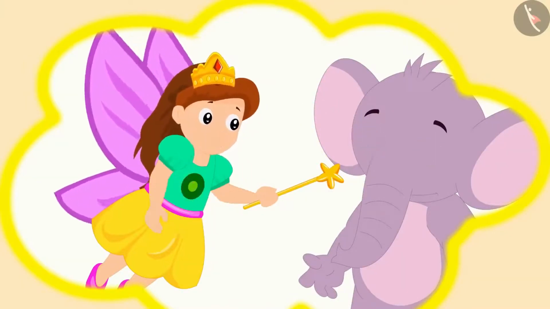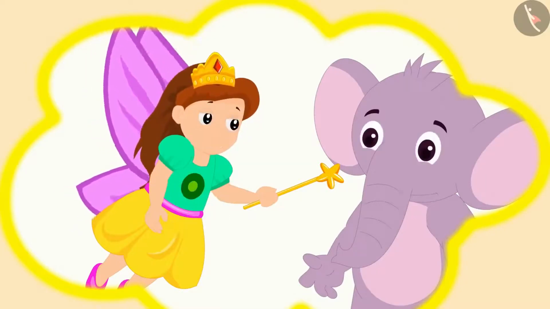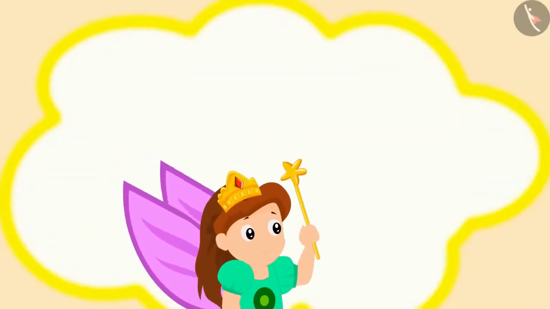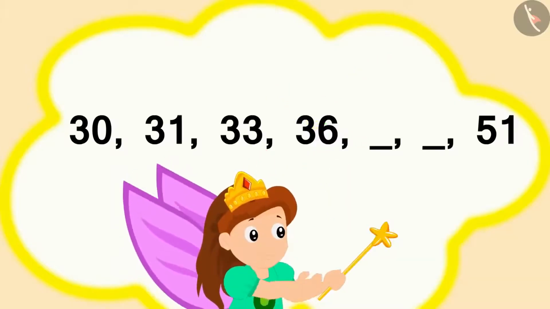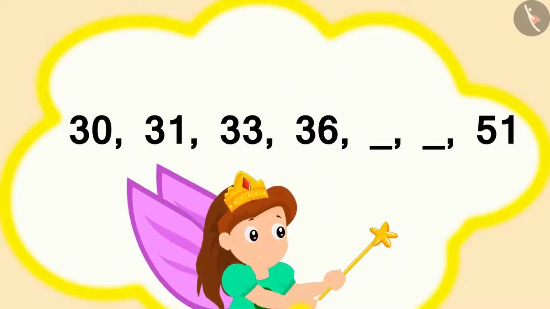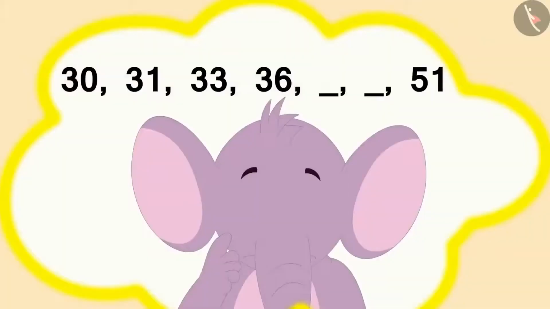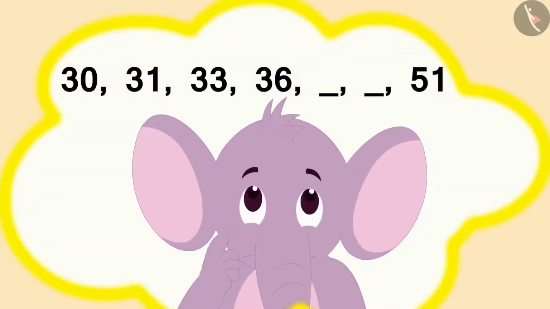If you answer them correctly, I will give you one special gift. Appu became happy. The angel showed such a number pattern to Appu and said, Complete this number pattern.